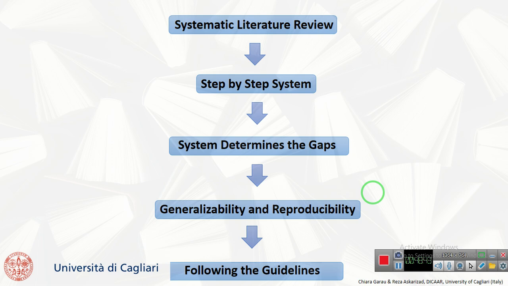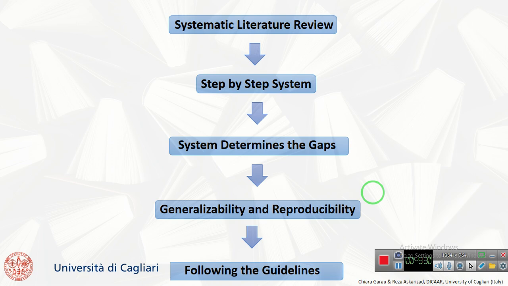Okay, a systematic literature review, as we understood, has a step-by-step system that we have to follow and pursue. And if we follow them step by step, it can be successfully completed. We have said that systematic literature review avoids biases because the system determines the scientific gaps in the field, not the personal judgments.